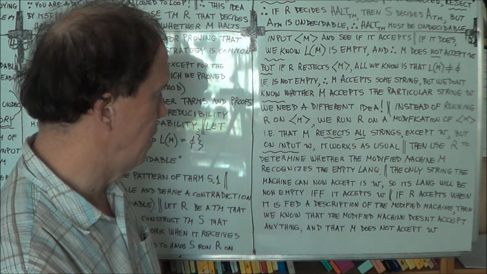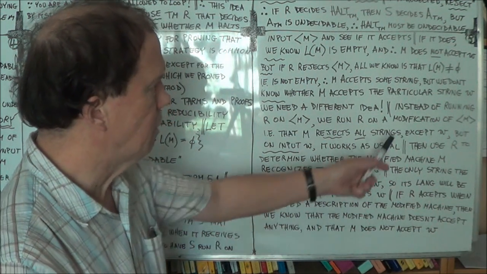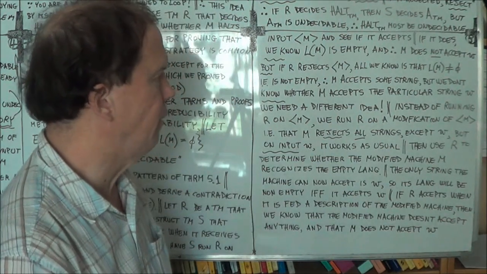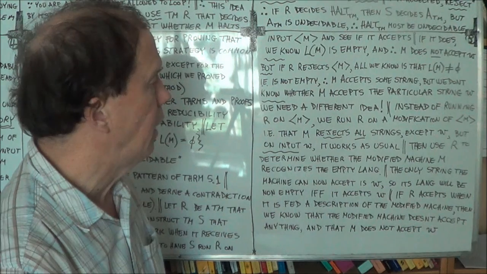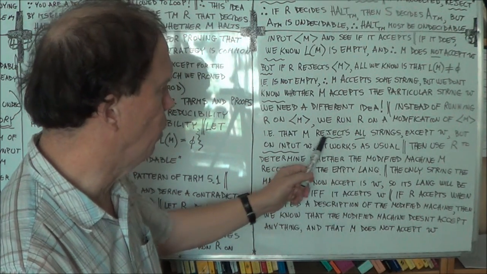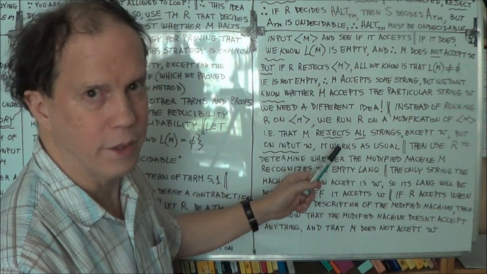Now the idea is we're going to take M, this machine, and modify it. We're going to create a variation of M, and the modification is such that it will reject all strings except W. So there's a kind of pre-filter, if you like.